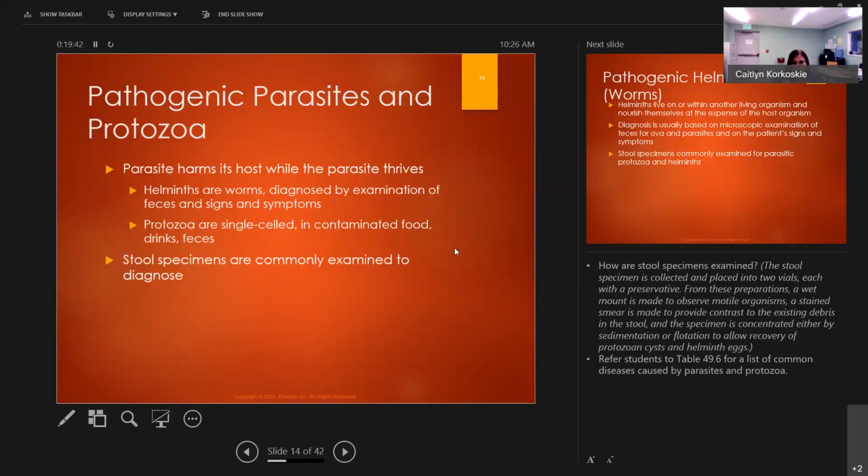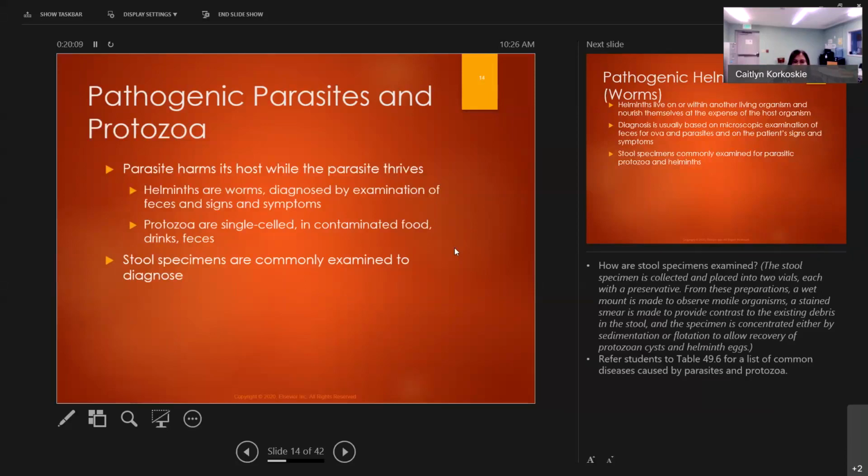So once they do the stool sample, we'll be able to identify specifically what type of parasite is causing their infection. You would send the patient home with a kit, which I think we went over, those different types of containers with the preservatives. We would send the patient home to collect those stool samples.